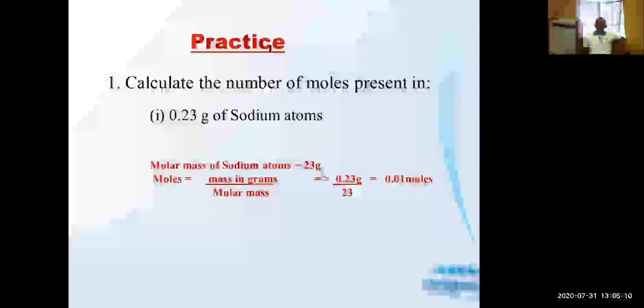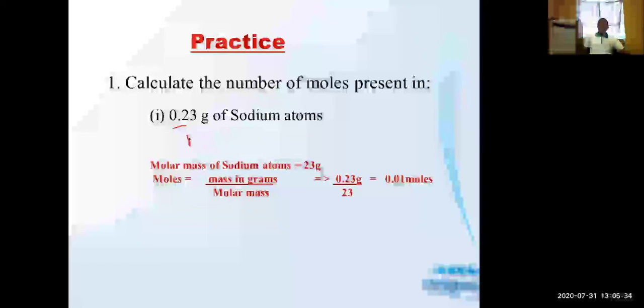So we have the practice. First, we are told to calculate the number of moles present in 0.23 grams of sodium. Here we have been given the mass of sodium. How do we calculate moles?